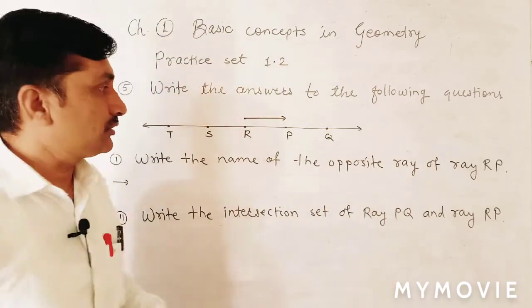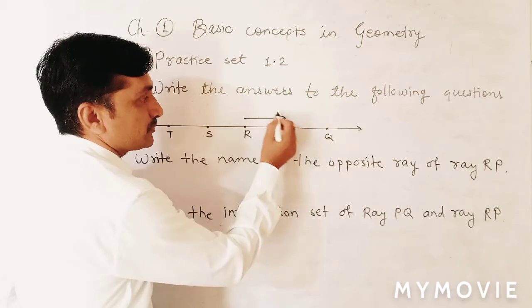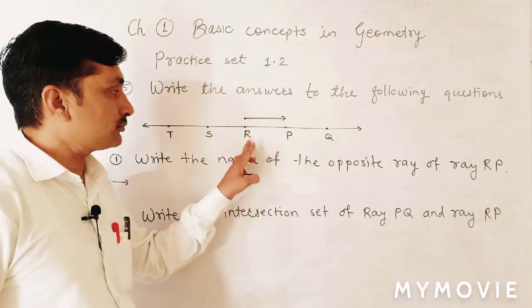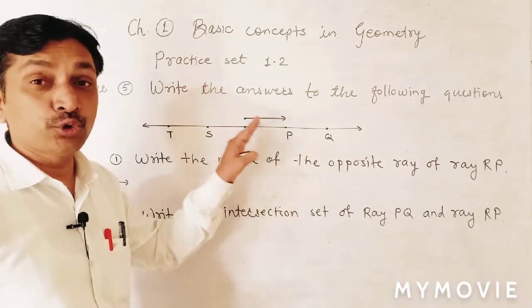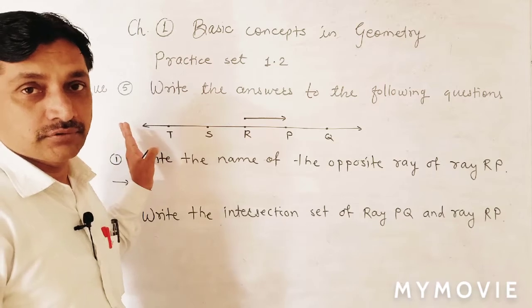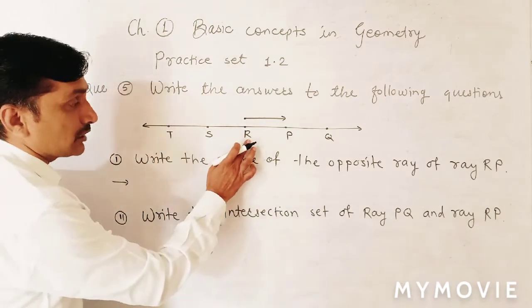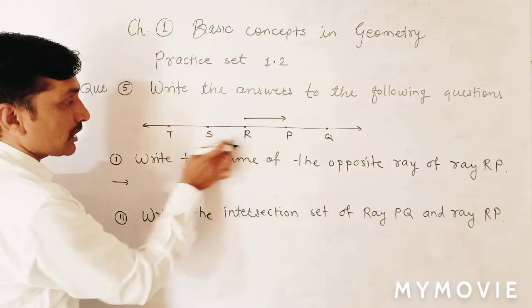Opposite of RP. Now R point is here, P is here. Ray RP is going to the left side, starting from R point, and we have to write the opposite of RP, that will go to the right, starting from R. Now what we can write starting from R, opposite to RP: RS, and one more point is T, therefore RT.